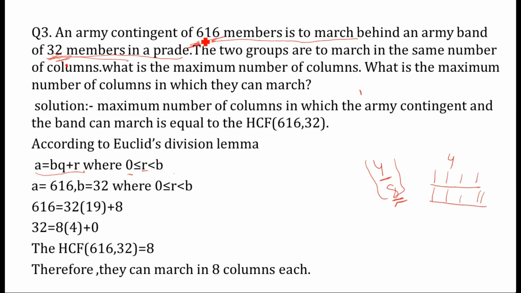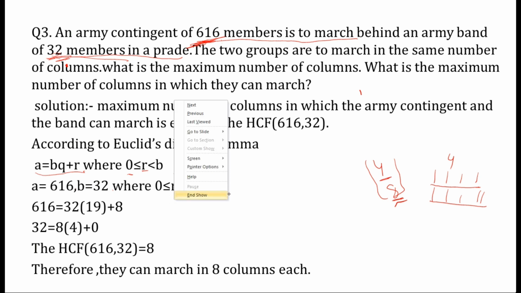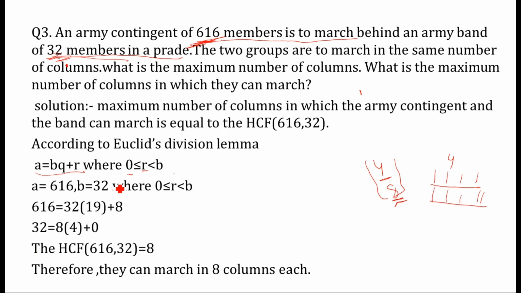We take the bigger number as a and the smaller number as b. Here a is 616, b is 32, and r must be less than b.